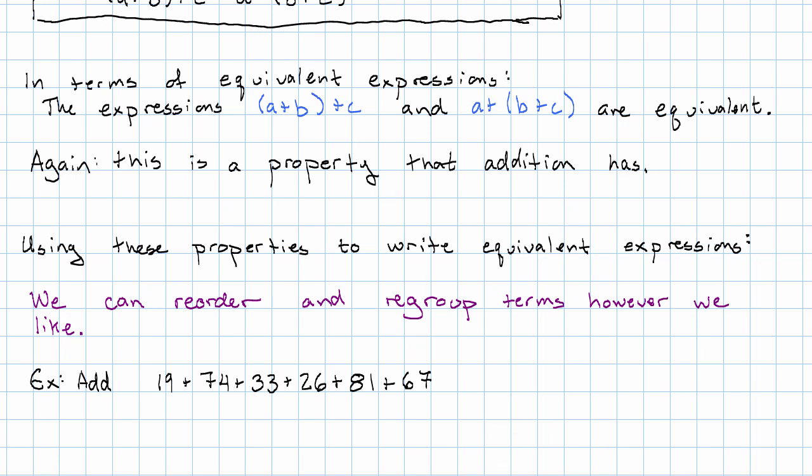But I notice that these two numbers add up to 100. So I maybe want to write them next to each other and group them. These two numbers add up to 100. And these two numbers add up to 100.